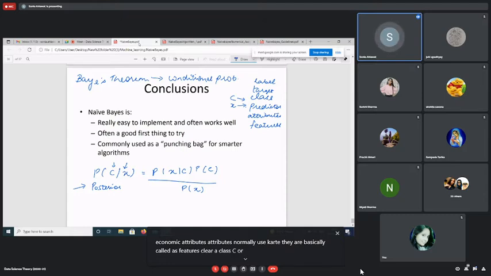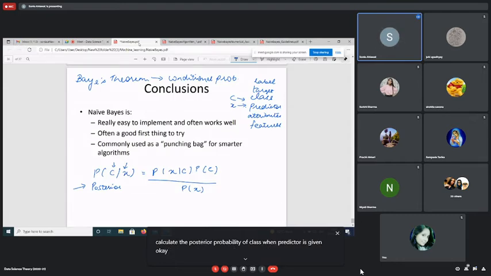C और X के बारे में क्या कहा जाता है? Yes, ma'am. Fine. So in terms of data science, C represents the class or the target or the label. X represents the predictor, attributes or the features. So we have to calculate the posterior probability of class when predictor is given.